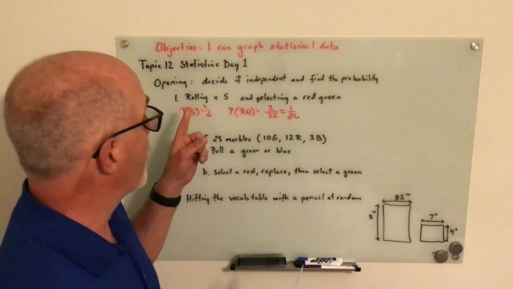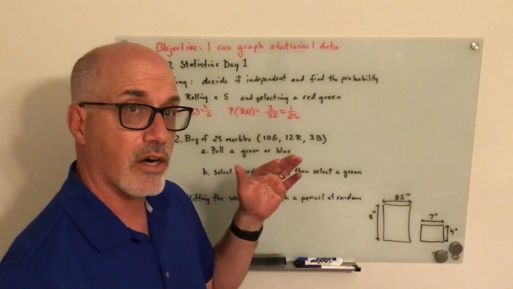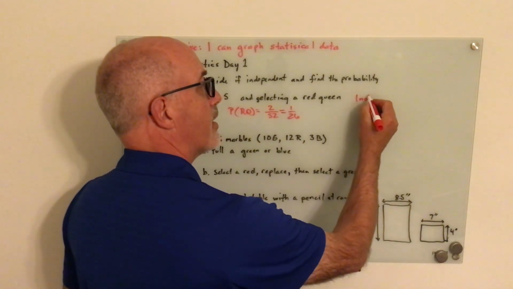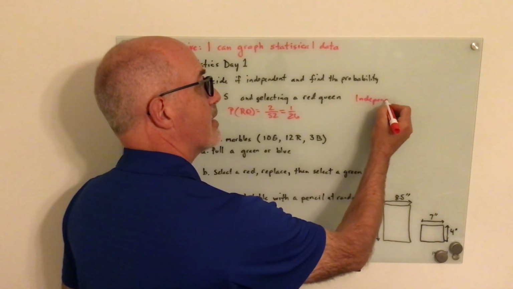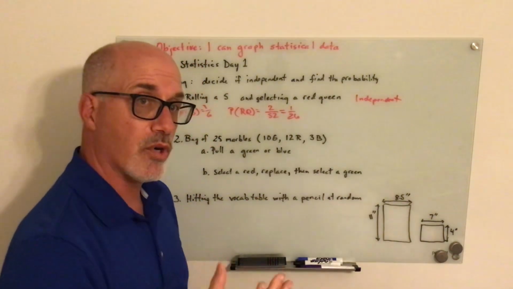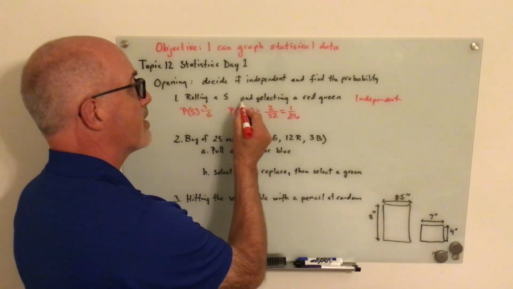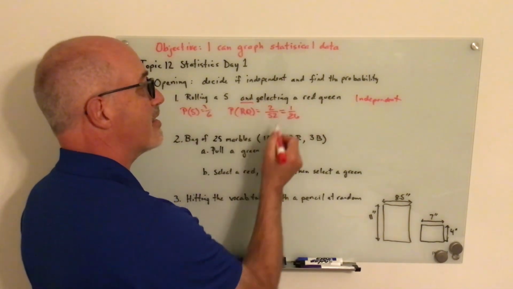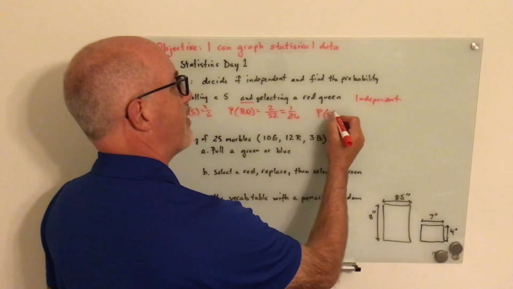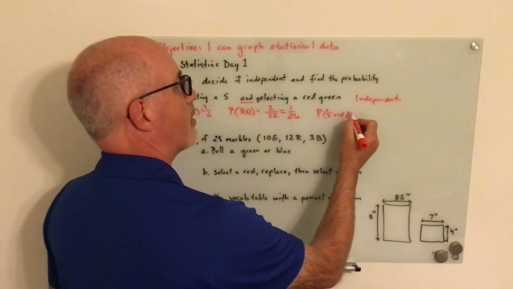Now, these are independent events, so I'm going to put down the word independent here. When they're independent, to get this probability you're going to multiply these two together. When you're saying you want this and this, you take the probability of a 5 and a red queen.